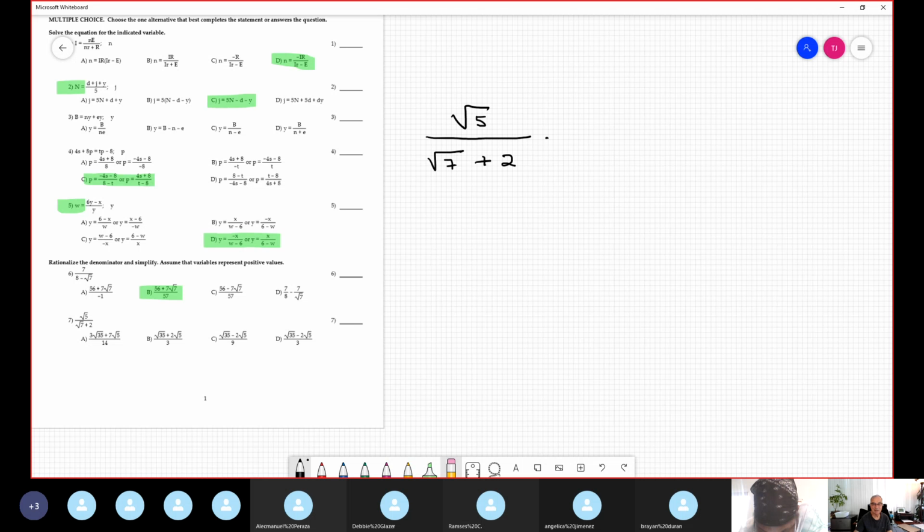It's exactly the same strategy. Look, it's multiplication top and bottom by the conjugate. It's radical 7 minus 2 and radical 7 minus 2.